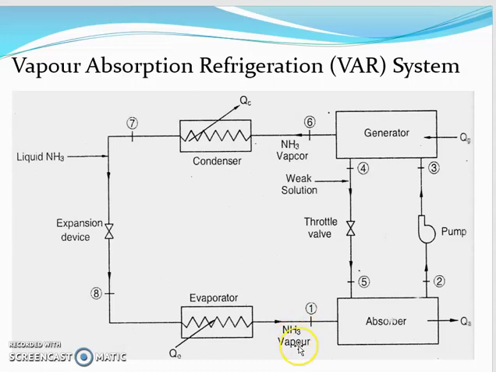So what will happen in this case? Over here, the refrigerant vapor coming out from the evaporator is passed to the absorber, and the absorbent absorbs the refrigerant, and it forms a strong solution of refrigerant, and that solution is pumped to the generator through this pump, and within the generator that strong solution is heated, and the refrigerant has a lower boiling temperature compared to the absorbent, so as soon as we supply heat to this strong solution, the refrigerant gets easily evaporated, and then it passes to the condenser, and then the remaining circuit is the same as what we discussed in case of VCR system, and the weak solution that is there in the generator is passed to the absorber through this throttle.